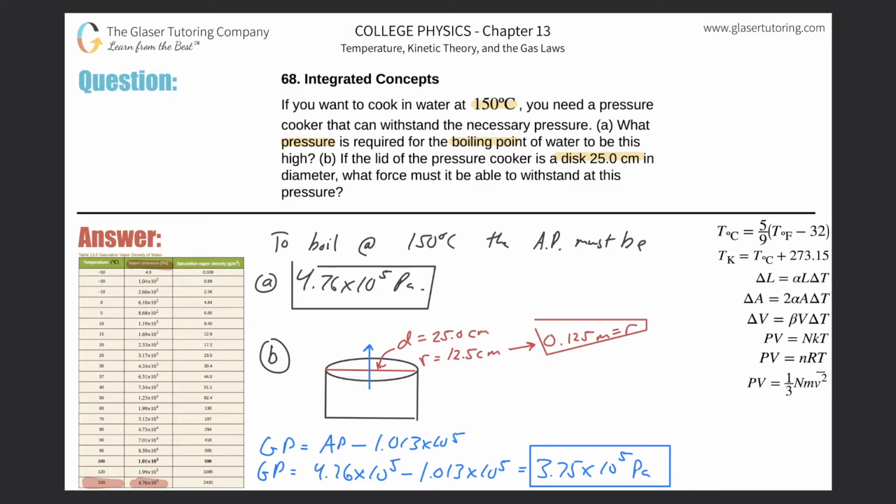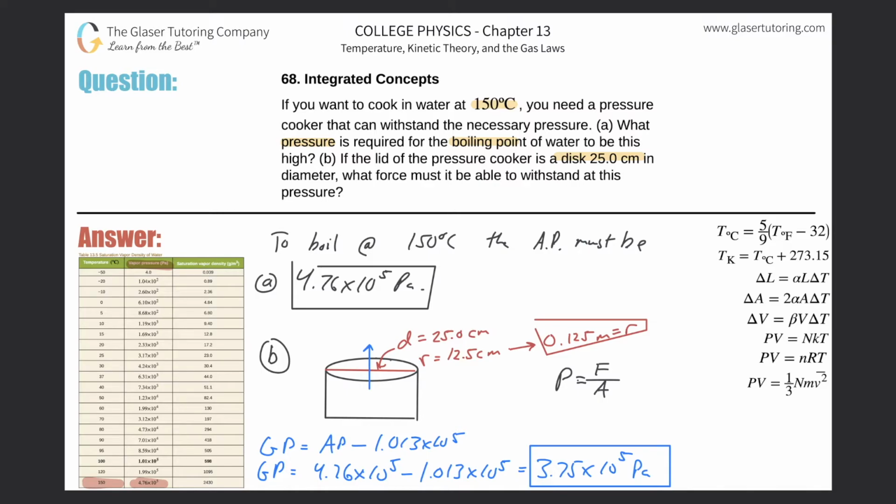Now that being the case, we are able to solve for the force. Why is that the case? Well, remember, the basic pressure equation: pressure is equal to the force applied divided by the area over which that force is applied. This pressure is being attributed to every part of the internal surface area.